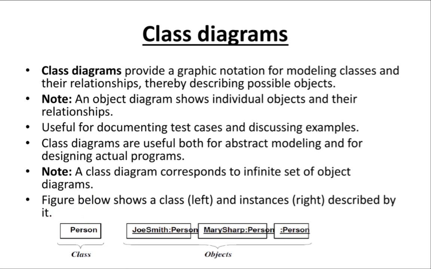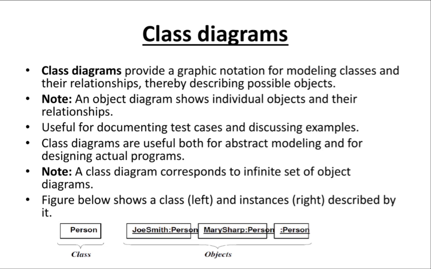Here the right side shows objects. Joe Smith is an object, Mary Sharp is an object. Hope you're understanding. So Joe Smith and Mary Sharp are objects of the class Person. Getting, guys? So class diagrams provide a graphical notation for modeling classes.